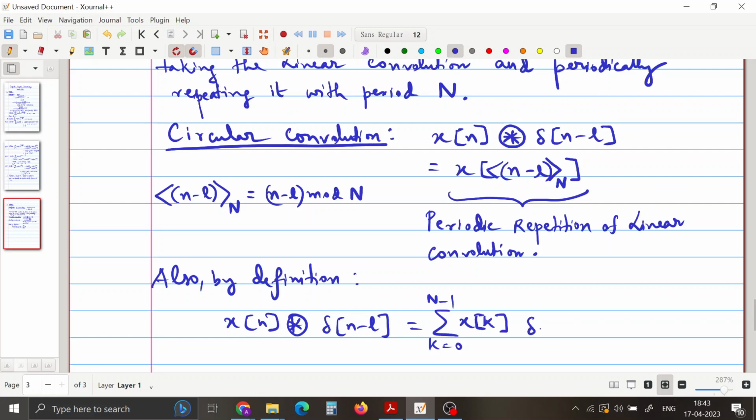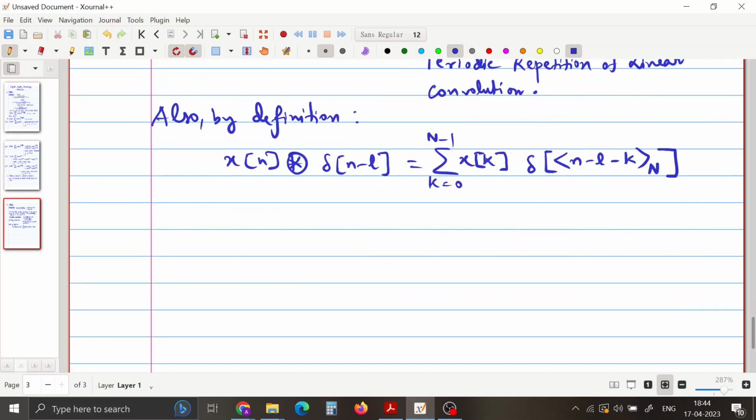The second one will again get flipped and then shifted by n, so it's basically n minus l minus k, but along with that we'll have this mod N. And here n runs from 0, 1, so on up to capital N minus 1.